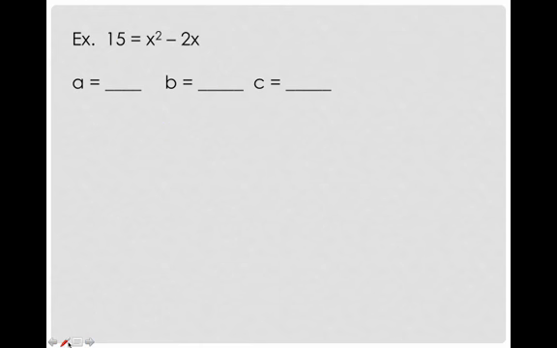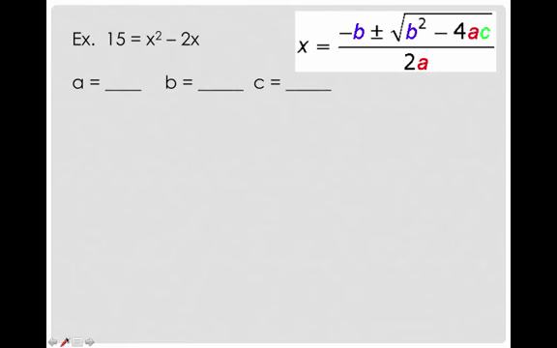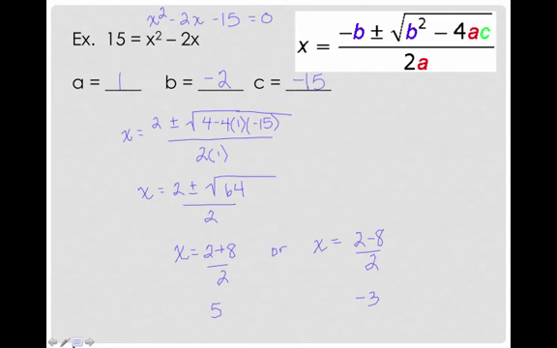Let's give that another whirl. Here's your formula. I'm going to ask that you plug in all of your numbers and see if you can do this by pausing the video and come back and check your answers. Okay, so hopefully you came up with your two solutions, which would be 5 and negative 3. Remember, we needed to put this back into standard form by moving this 15 to the other side.